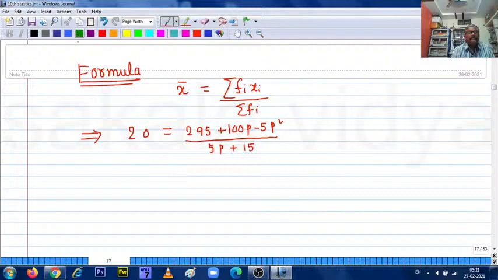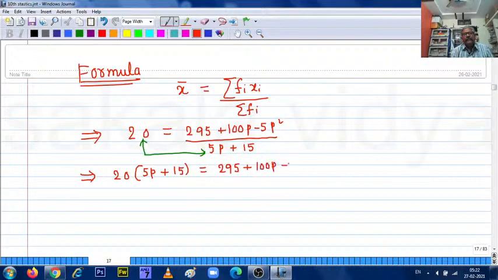Now cross multiplication: we multiply the 20 with this one. So we have 20 multiplied by 5p plus 15 equal to 295 plus 100p minus 5p square. 20 into 5p is 100p, 20 into 15 is 300, equal to 295 plus 100p minus 5p square.